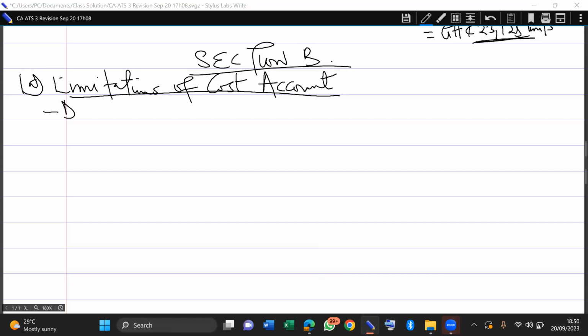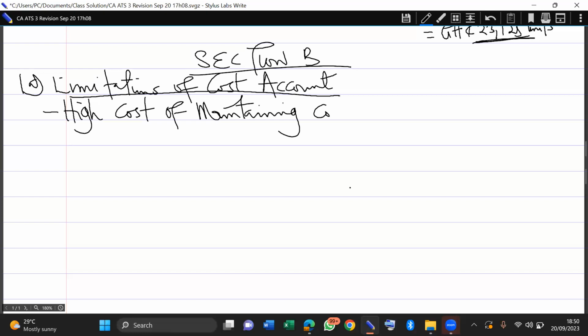Yeah, thank you, Abike. Difficulty in maintaining cost accounting system. Just call it high cost of maintaining cost accounting system. I'm using your word. I only reframe it in the proper way. Abike says it is complex and cumbersome.